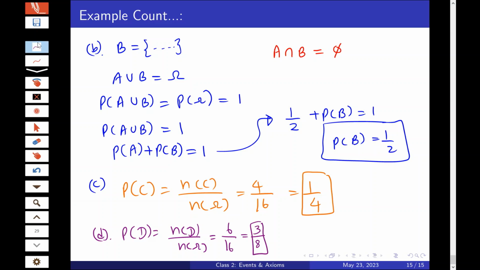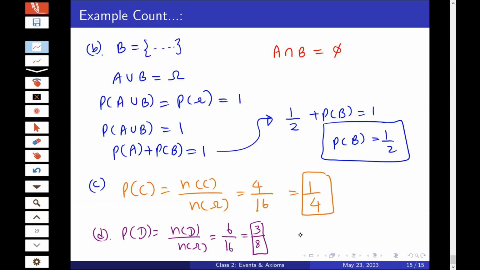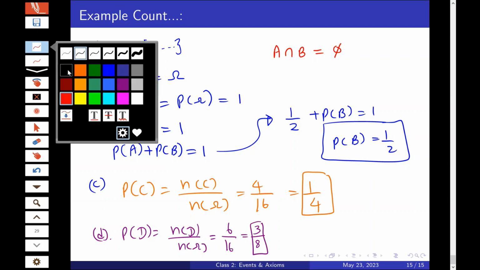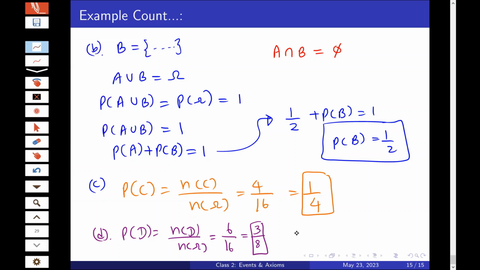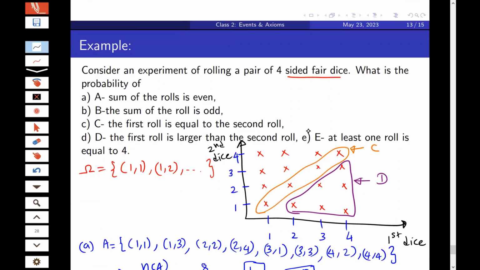Okay, and the last question is hidden, so it's in the wrong place: E. Let's use a different color. The probability of E: at least one roll is equal to 4. At least one means both can be equal to 4 as well.